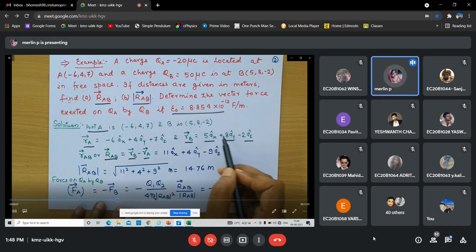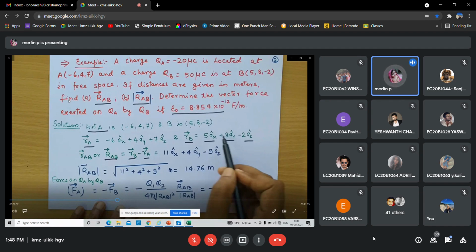The AX coefficient of RB is 5 minus of minus 6, what you will get? 11 AX. That is RAB.